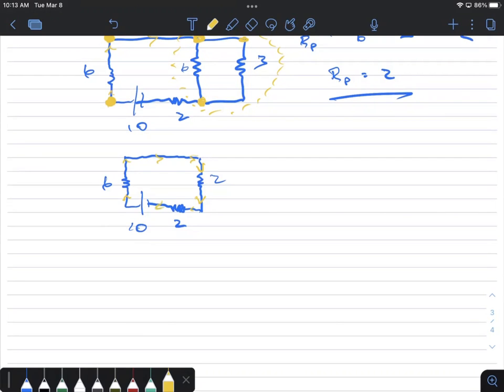And then after it hits that, it goes back to the beginning. So every electron that hits the 6 will also hit the 2 and the other 2. So all 3 of these resistors are in series with each other, so I can combine them in series. Our series is 6 plus 2 plus 2, which is 10.